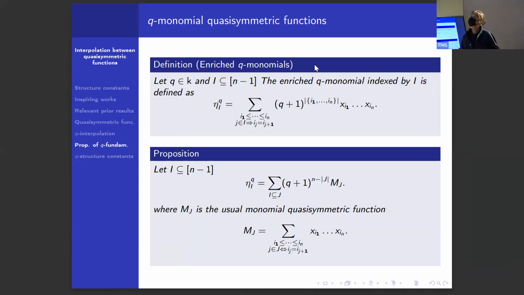I also define an enriched Q monomial by the following formula. This is not exactly the generalization of monomial quasisymmetric functions, but rather the essential quasisymmetric function by Hoffman for Q equals 0, and also enriched monomials of our FPSAC 21 paper with Darij Grinberg for Q equal 1.